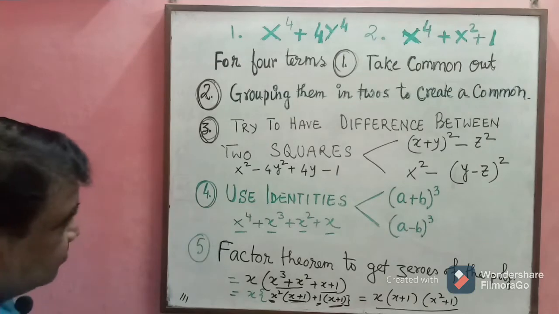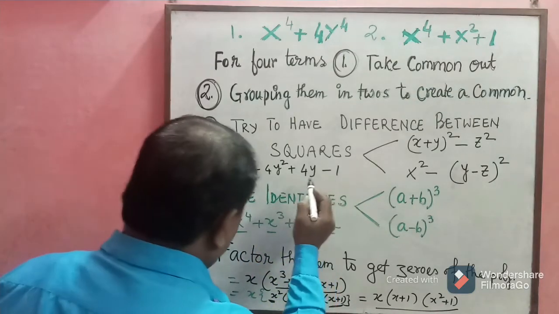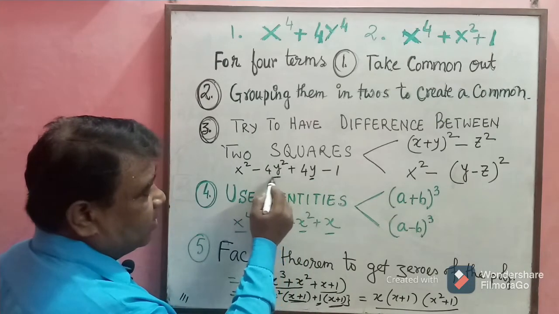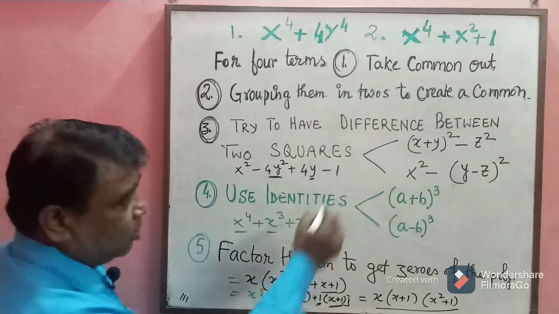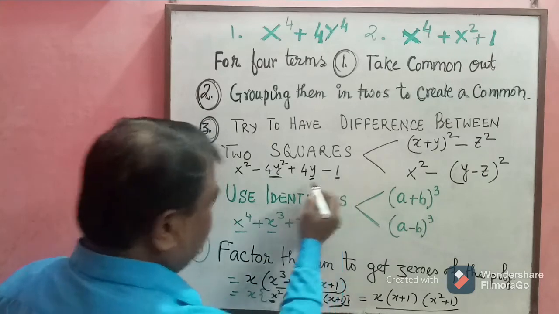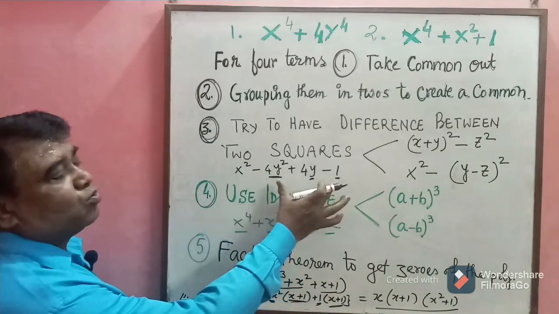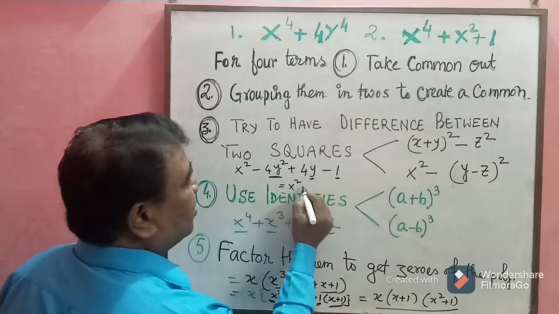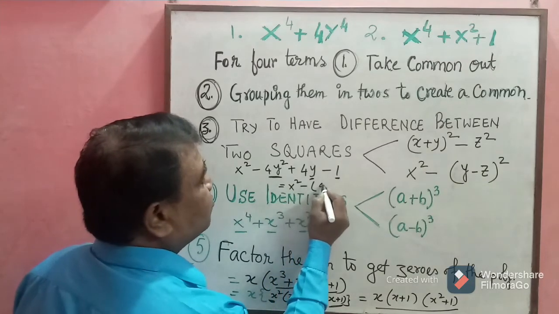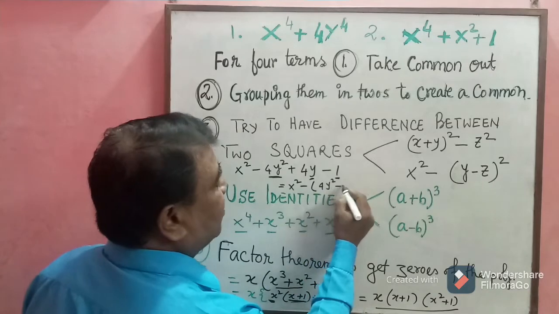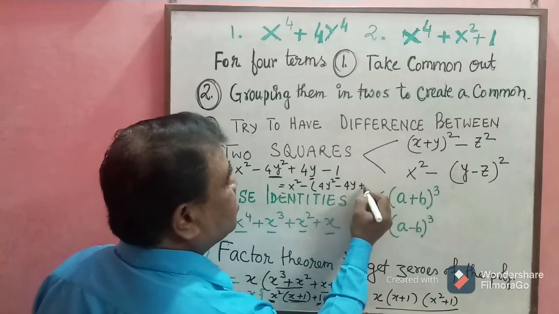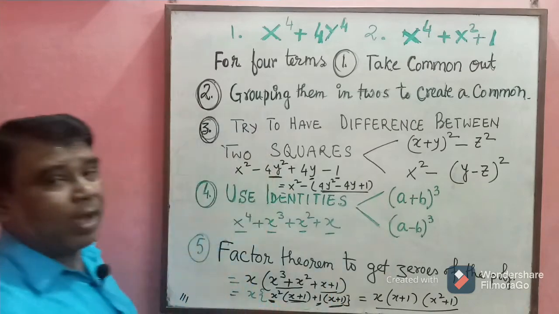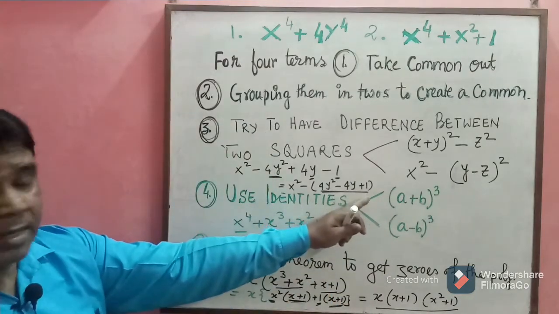You see here, there are 4 terms, and this y is already linked with this whole square one. This is a perfect square, and it is also a perfect square. So you can easily arrange this into 2 squares. So x square, if you take minus common, this is 4y square minus 4y plus 1. So that means this is nothing but 2y minus 1 whole square.